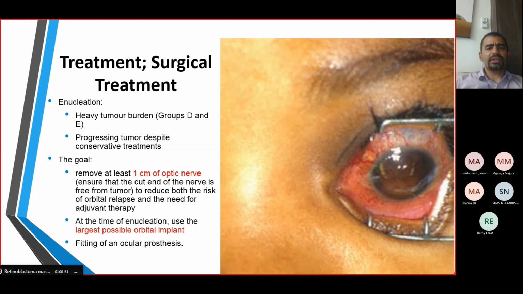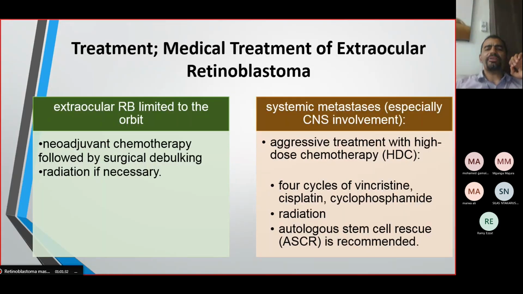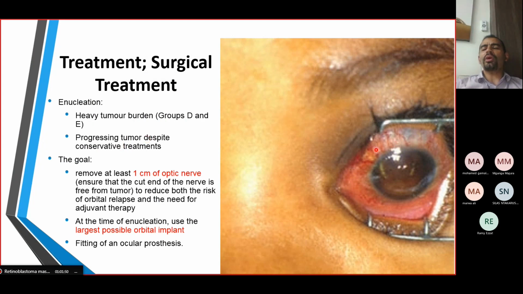Okay. So if we have extraocular retinoblastoma, the treatment is done by the oncologist, usually by chemotherapy and surgical debulking. If it's in the orbit, we do what we call exenteration. So exenteration is similar to enucleation, but we remove all the orbital content.